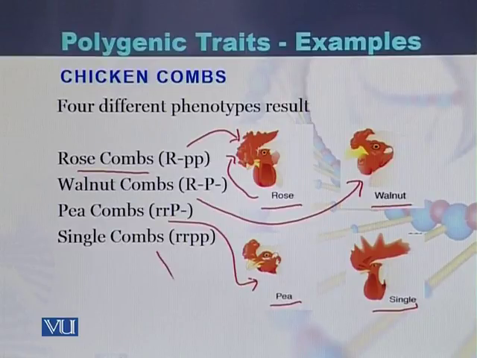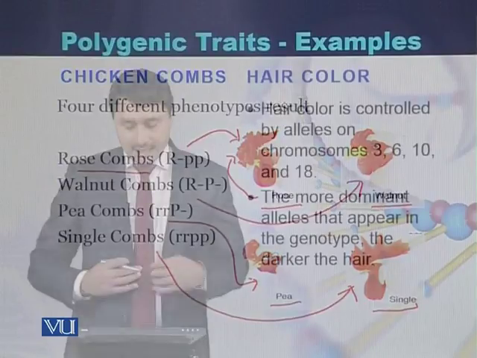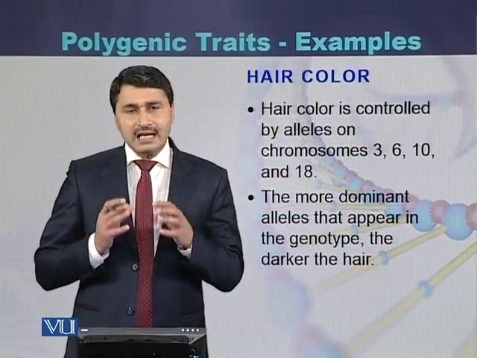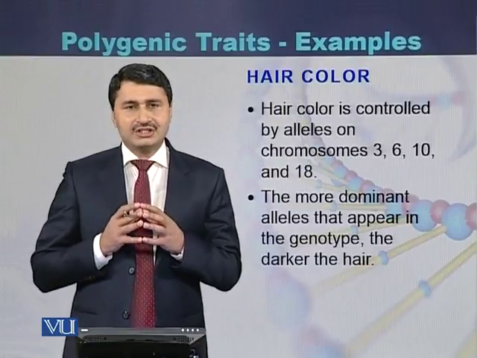While in case of single, the gene R is in recessive form, while the second gene, gene P, is also in recessive form. So this is the type of polygenic trait where 2 different genes control the comb shape which is present in the hens.